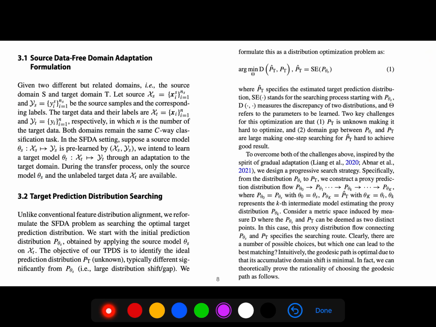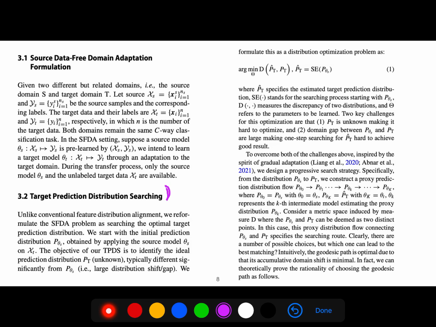So for target prediction searching, unlike conventional feature distribution alignment, we reformulate it as searching the optimal target prediction distribution. We start with the initial prediction distribution obtained by applying the source model theta s.